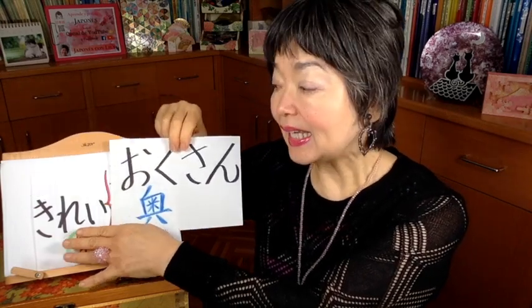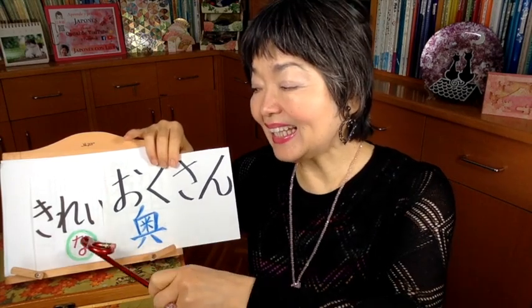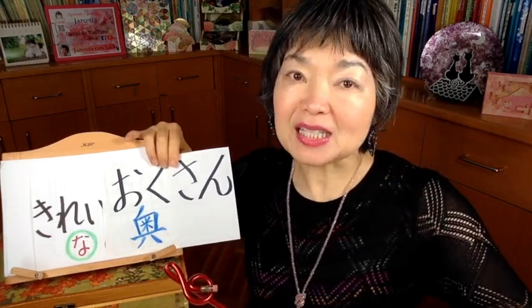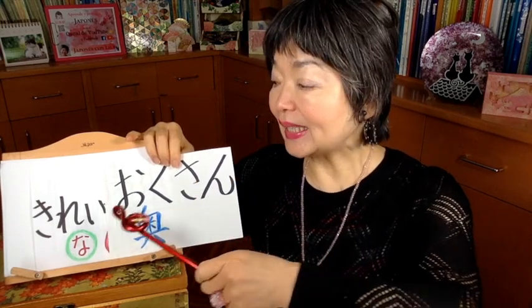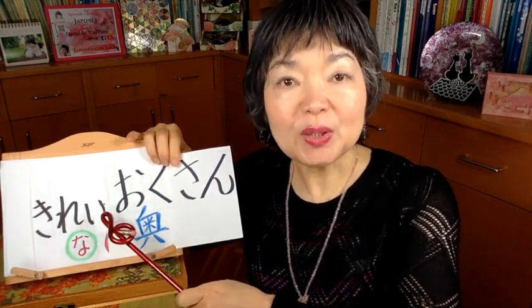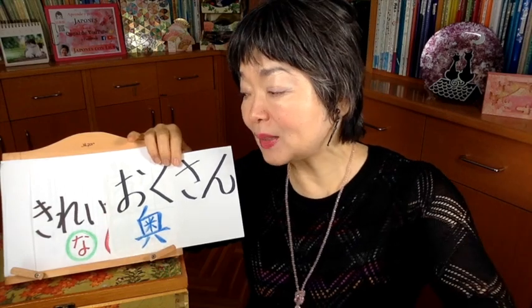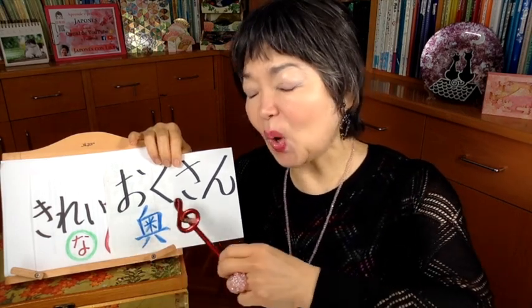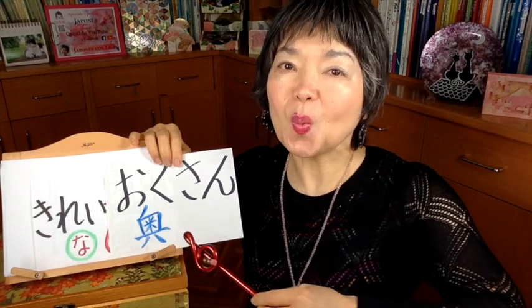And I can say きれいな奥さんですね. I changed the order. When we use な adjective, we must put な before the noun. きれいな奥さん, beautiful wife.